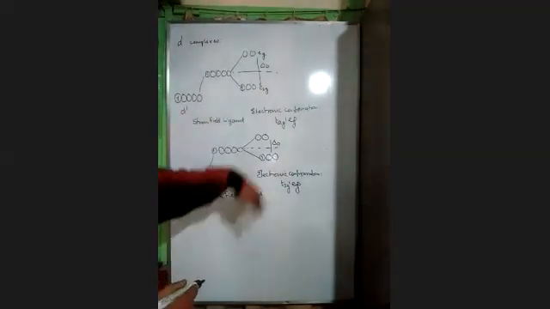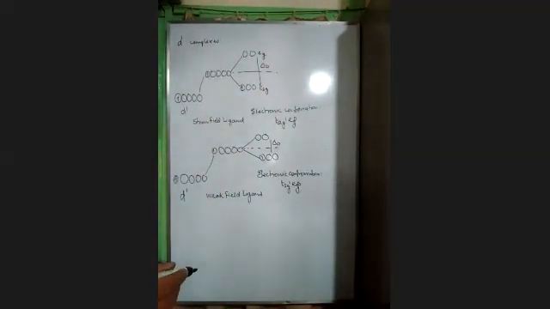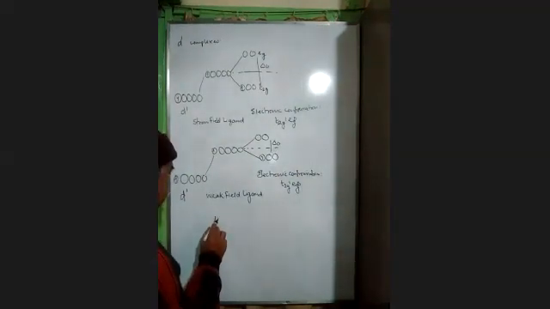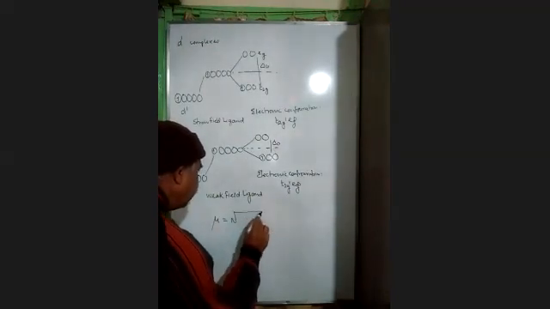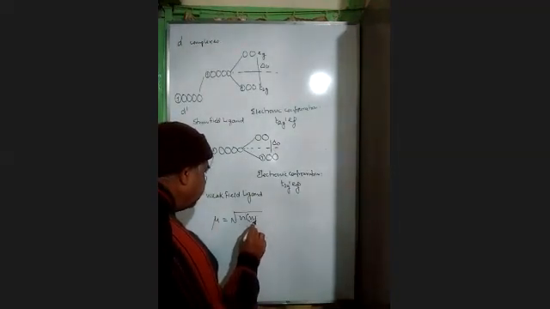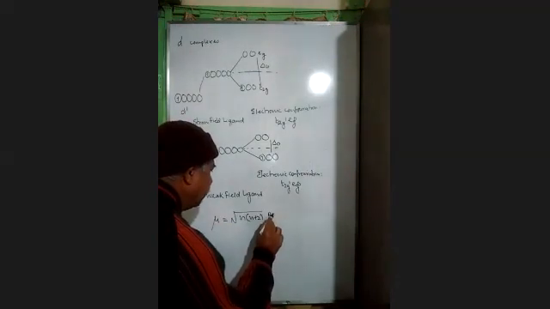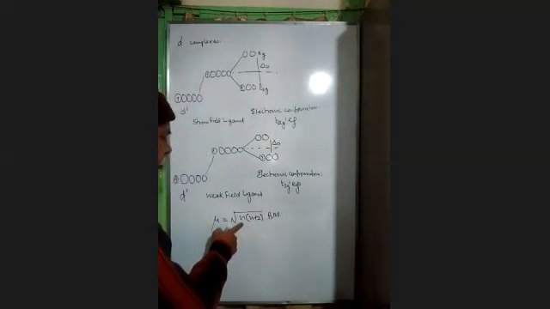See, in both the cases, if you go for magnetic moment, the value will be same. We know the magnetic moment mu is equal to root over n into n plus 2 BM. In both the cases, the value of n is 1.